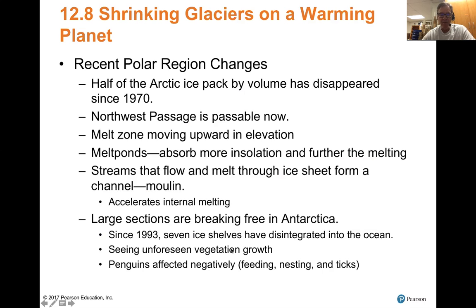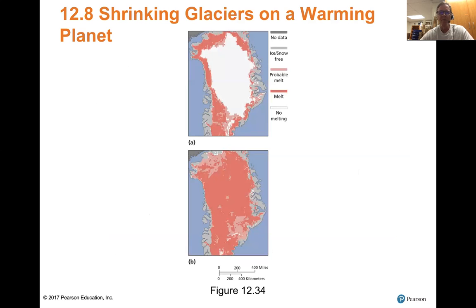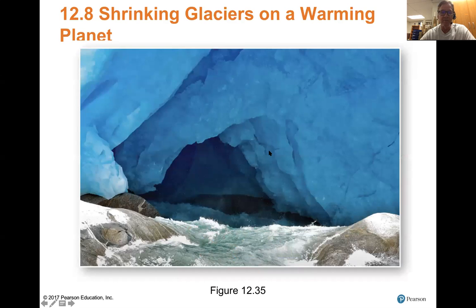And in Antarctica, we have large sections that are breaking free. You can go to Google and just Google breaking ice in Antarctica and see the dramatic effects of this that are happening right now. So here's Greenland, and this is where they presume you're going to get melt, and it's already happening because of the change in temperature.